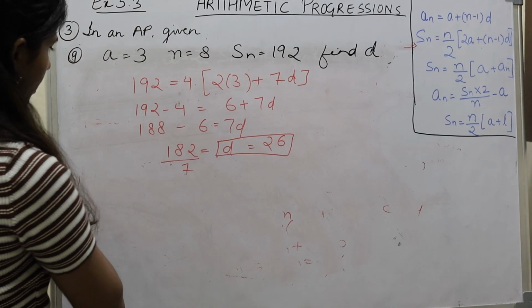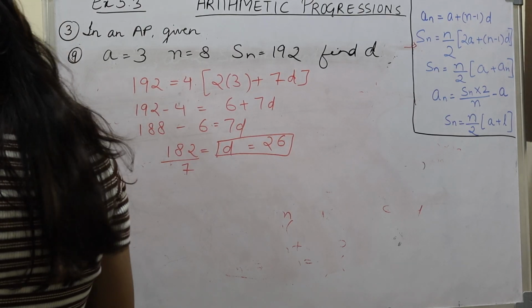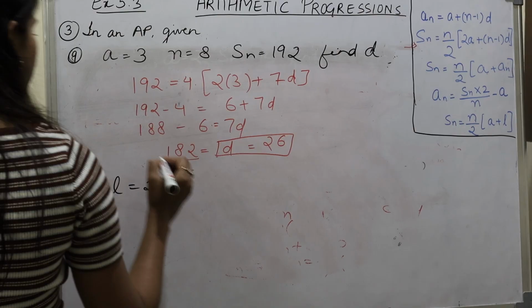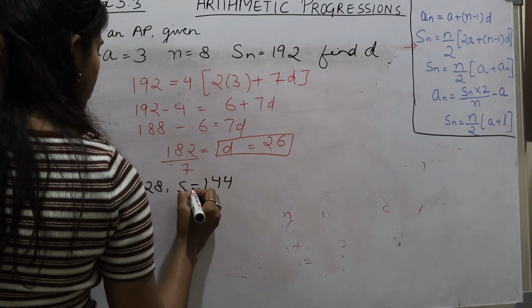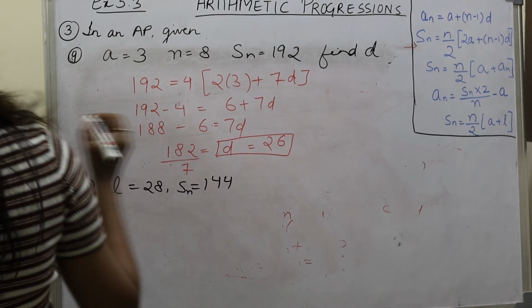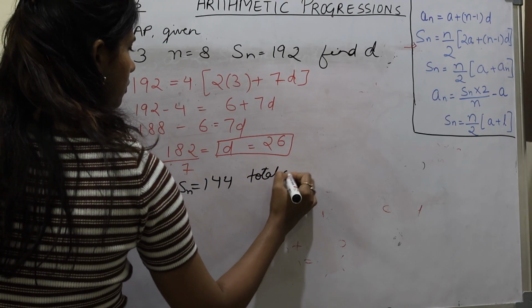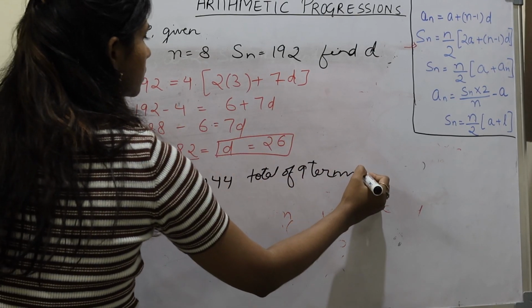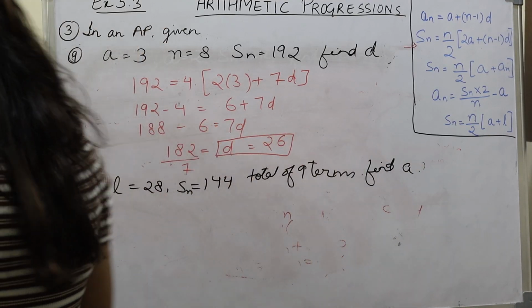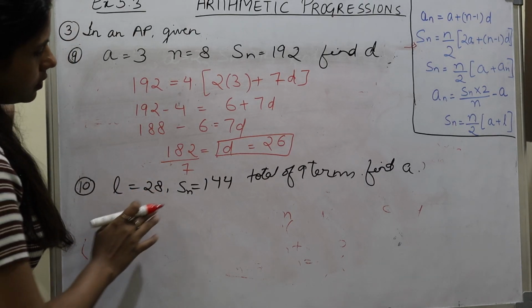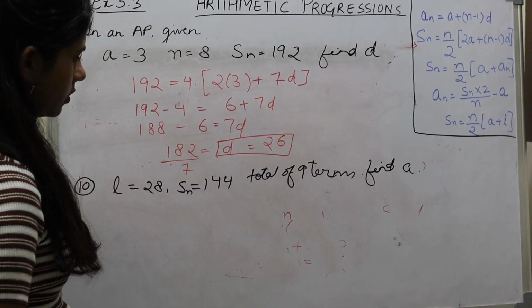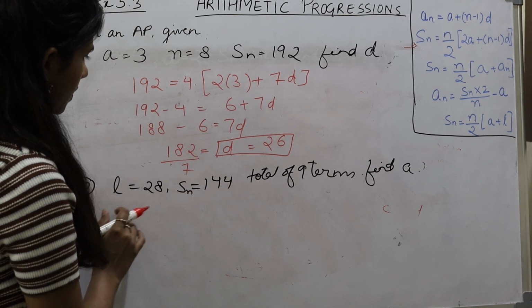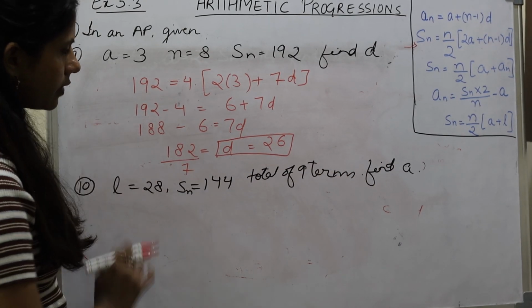Okay, now next question. Here they have given the value of L and Sn, and there are a total of 9 terms, and we have to find the value of A. See here, they have directly given the last term.